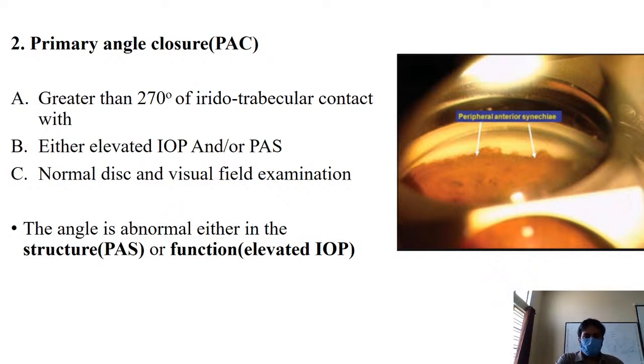These are the synechiae present at the periphery of the angle, and they cause the angle obstruction, and there will be a normal disc and visual field examination. So in this, either the patient has an abnormality in the structure of the angle, that is peripheral anterior synechiae, or in the function, that is elevated intraocular pressure.